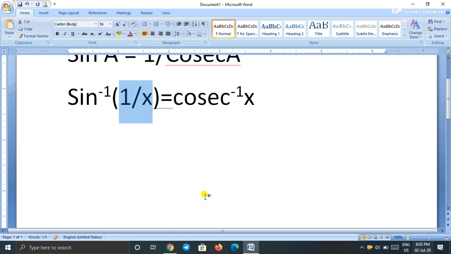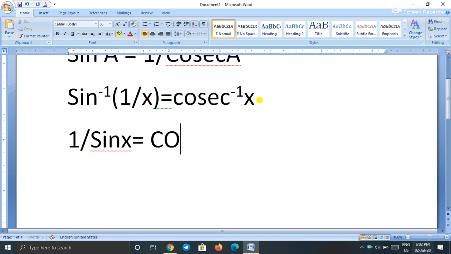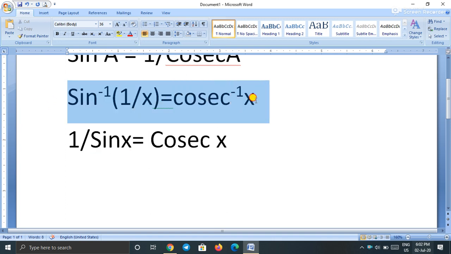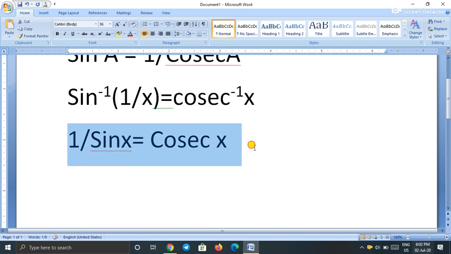If the same formula is written in circular trigonometric functions, then it looks like this: 1 upon sin x equal to cosec x. See the difference between these two formulae.